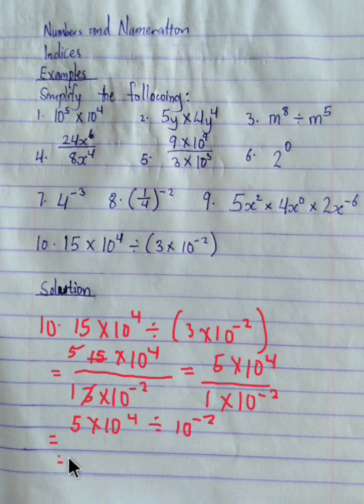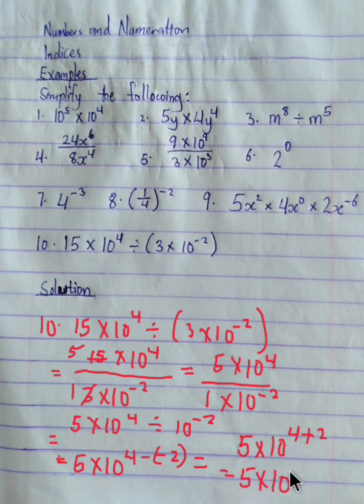So we have 5 times 10 raised to power 4 minus minus 2. And this gives us 5 times 10 raised to power 4 plus 2. And this is equal to 5 times 10 raised to power 6.